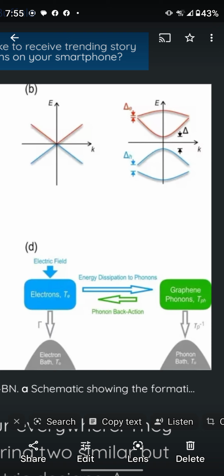So yeah, the energy is dissipated to the phonons in the graphene, which you can think of as the sigma bonds, or pi bonds, whichever ones they were, the ones that aren't bonded to the carbon atoms.